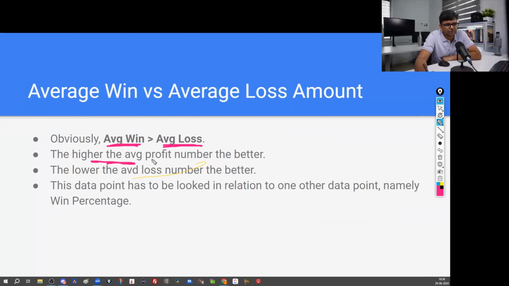Higher the average profit, better. Lower the average loss, better, right? But this data point needs to be looked at in relation to another data point, namely win percentage. So you calculate profit factor using these two numbers, and you have to combine it with win percentage. That is when you will get a true picture. All right. Fine.